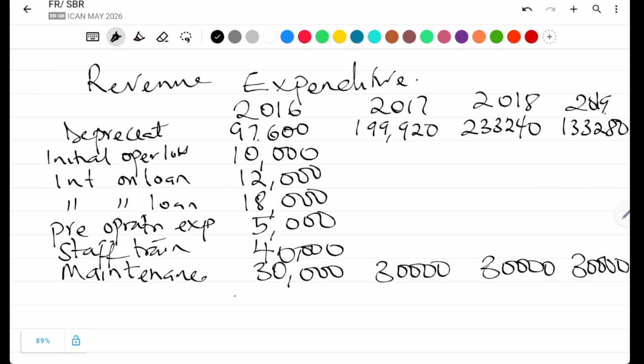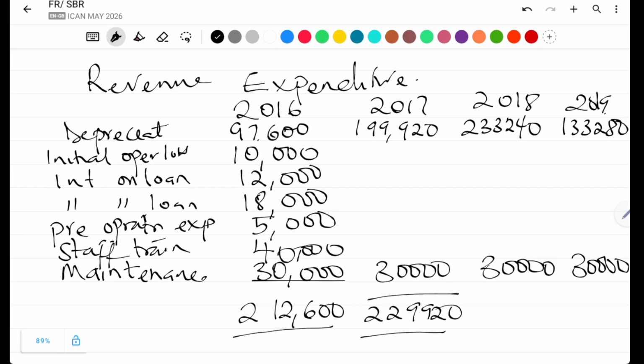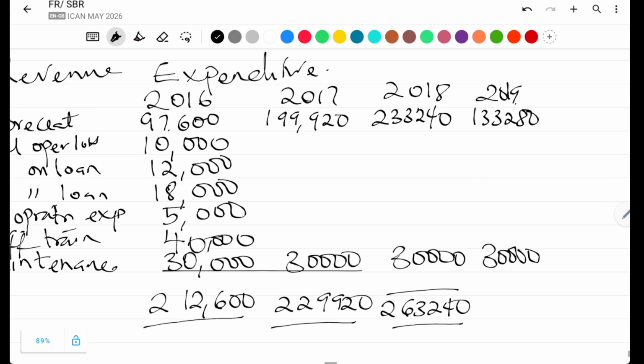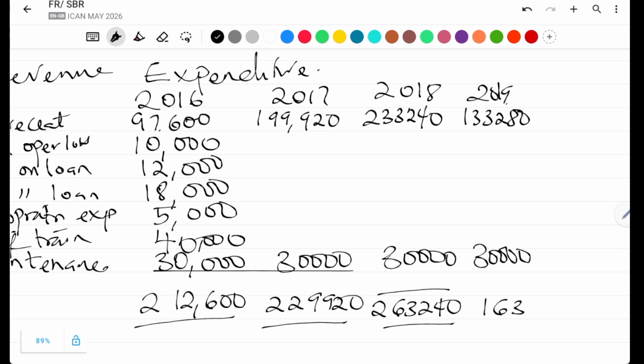So let's calculate all our revenue expenditure. There's 212,600. This is 229,920. This is 263,240. And this is 163,280.